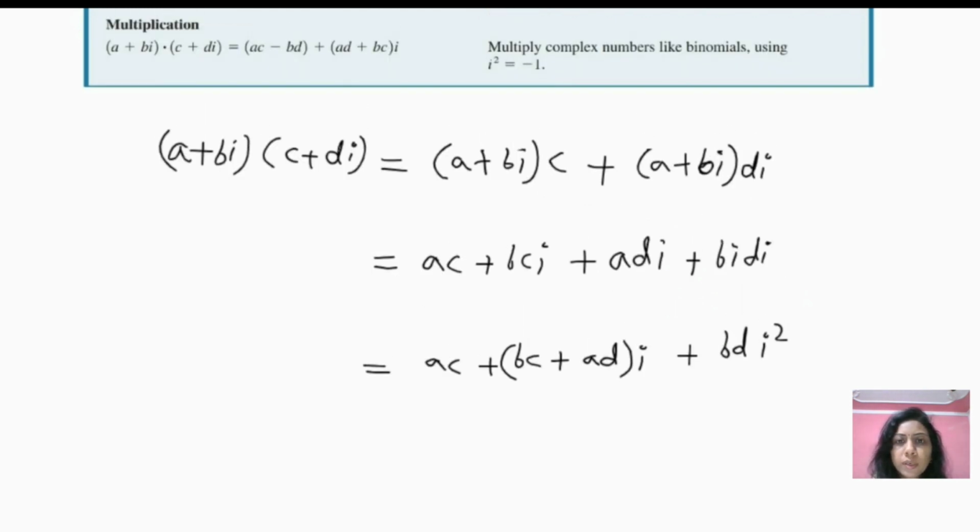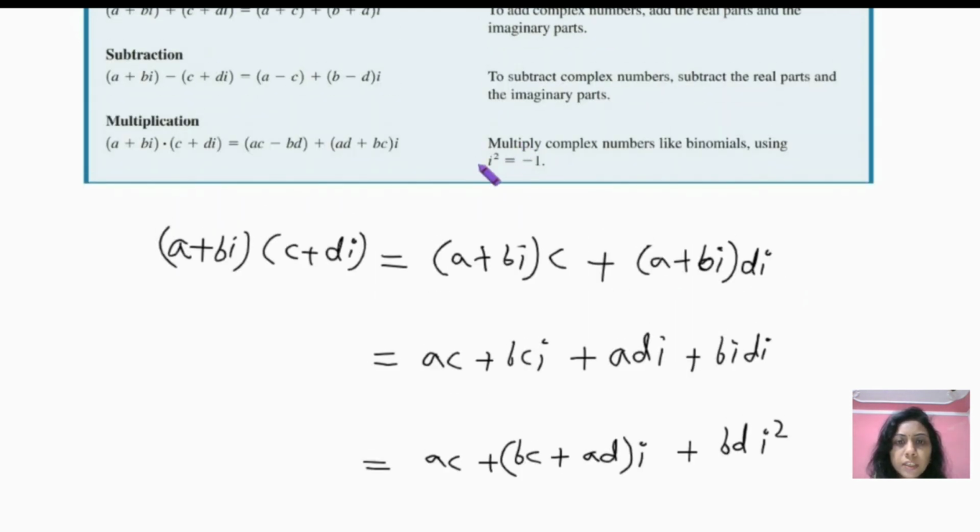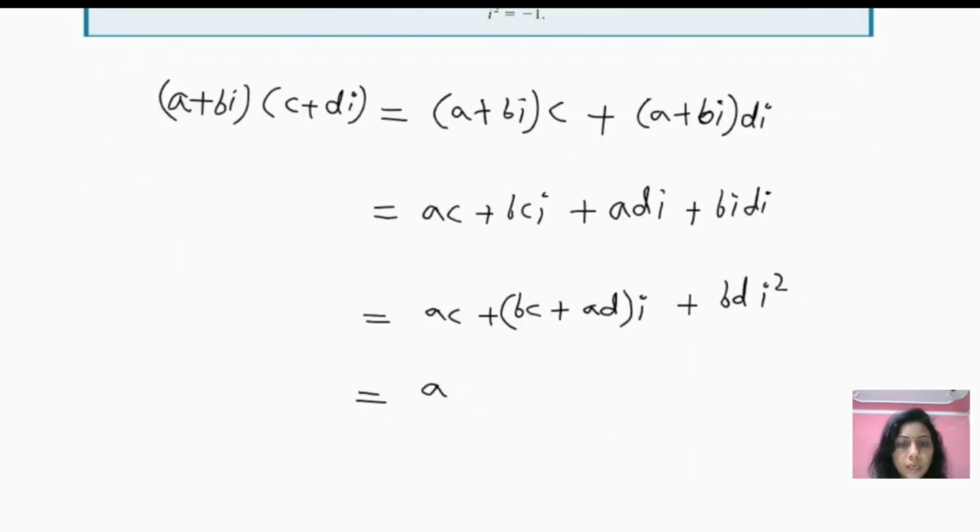It means minus 1 according to the definition. We can substitute the i square value here: (bc plus ad)i, and here the i square value is minus 1, so this is minus bd.